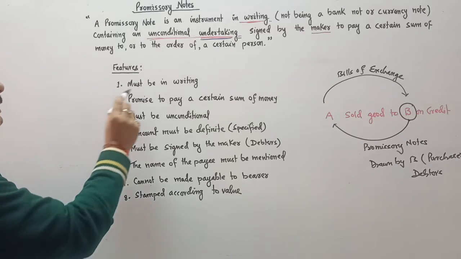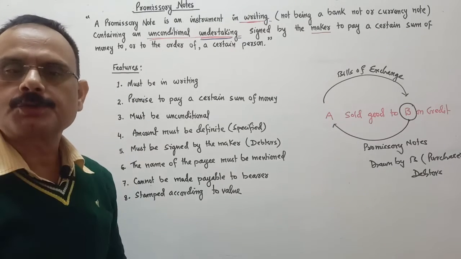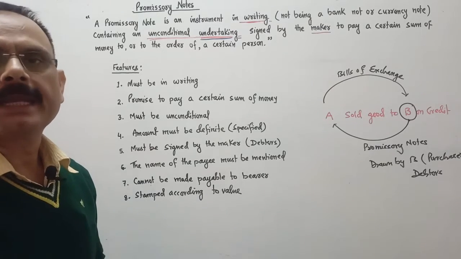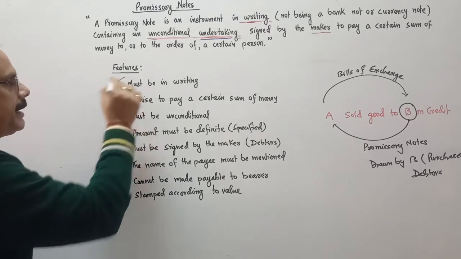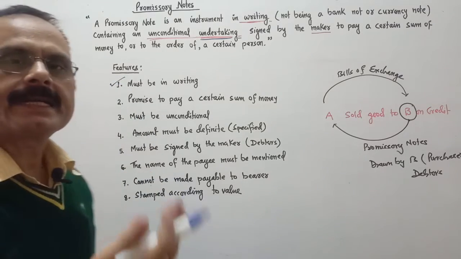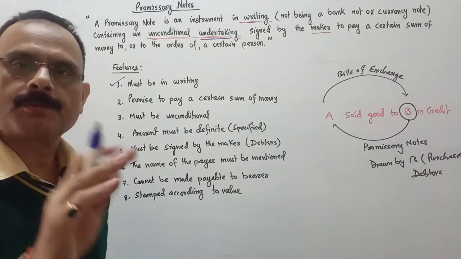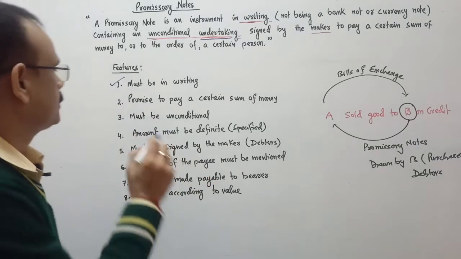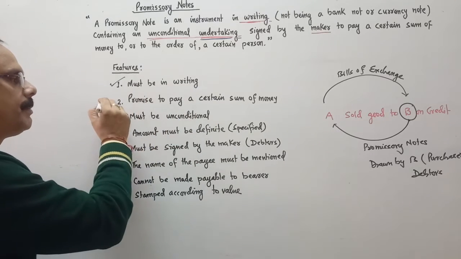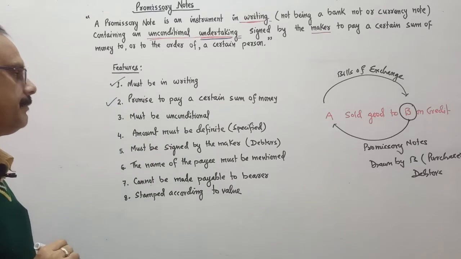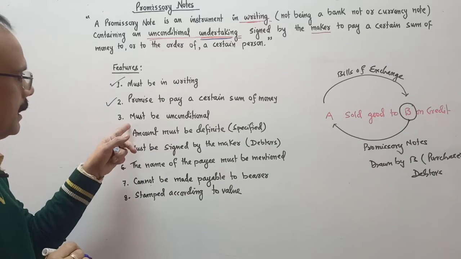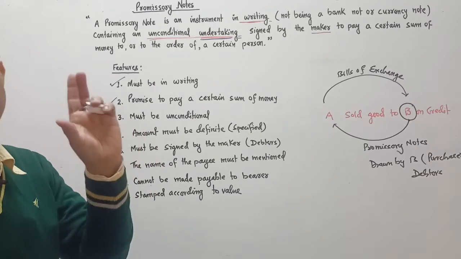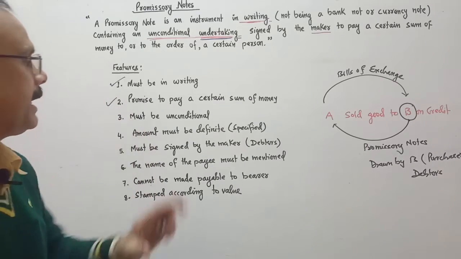So the features are: the promissory note must be in writing, not oral. It must contain a promise to pay a certain sum of money, and the amount must be definite. It must be an unconditional undertaking.